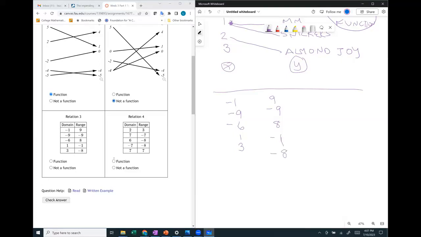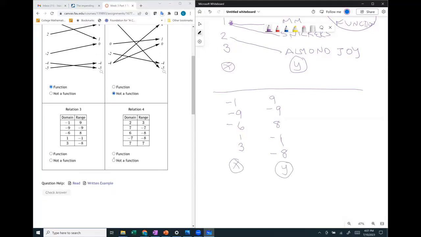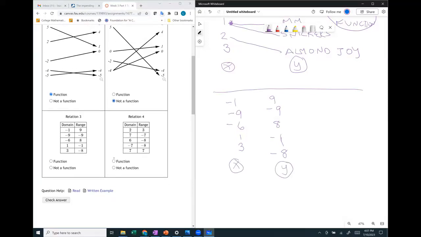Okay, I didn't duplicate any numbers. This is X and Y. And when I say don't duplicate numbers, I mean don't duplicate X's, don't duplicate Y's. But X's and Y's could have the same value. So 1 goes to 9, -9 goes to -9, -6 goes to 8, 1 goes to -1, 3 goes to -8. That makes this a function. There's not even an overlap, right?